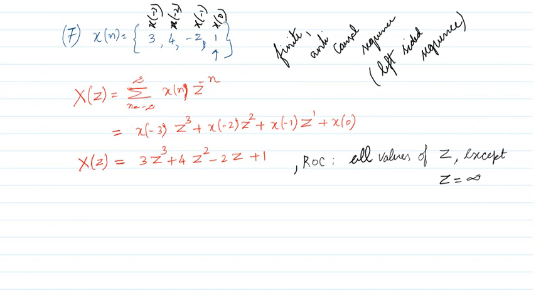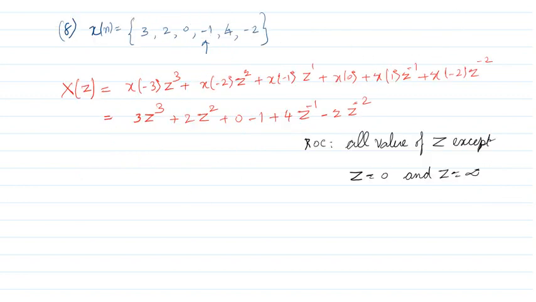Okay, now this is another problem. It is a both-sided sequence. See, this is your x of 0. This side is positive, so x of 1. This is x of 2. This is x of minus 1. This is x of minus 2. This is x of minus 3.